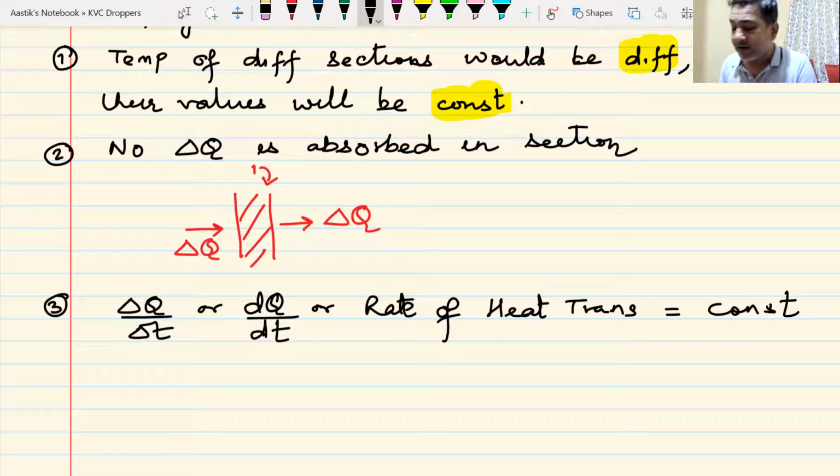Do we understand this, that the rate at which heat is getting transferred will be constant in a steady state?